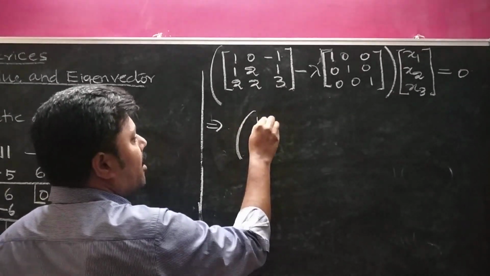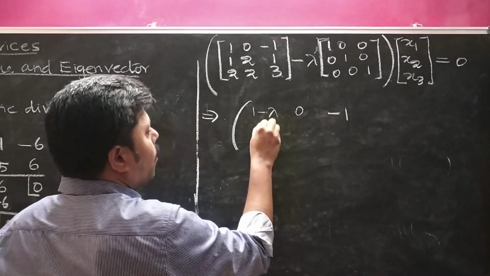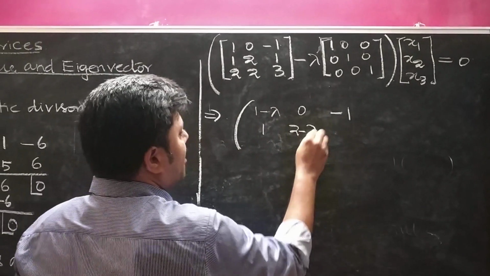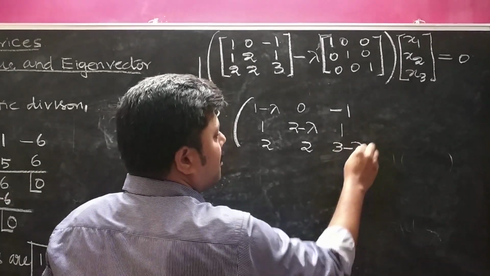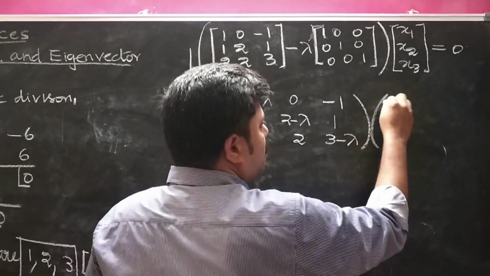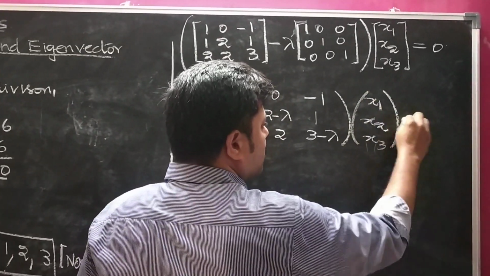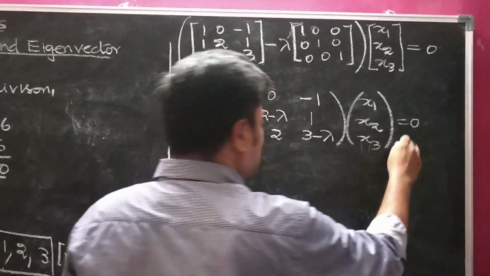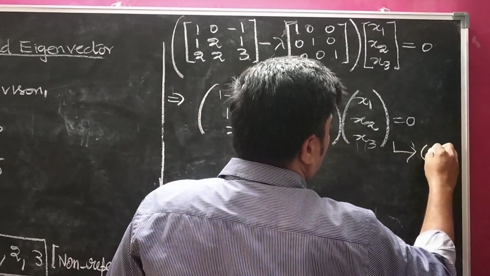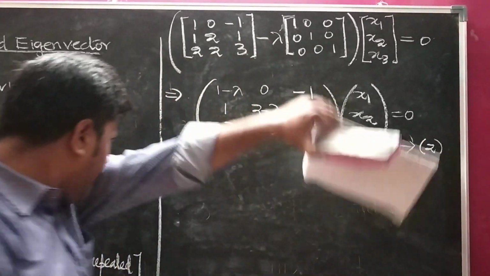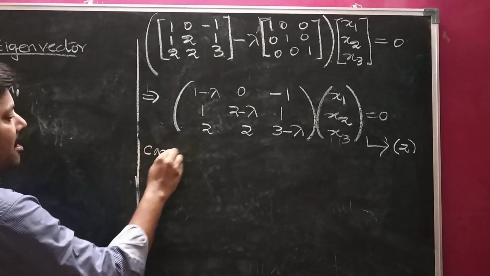We get [1 minus lambda, 0, minus 1; 1, 2 minus lambda, 1; 2, 2, 3 minus lambda] into [x1, x2, x3] equal to 0. Let it be equation 2.